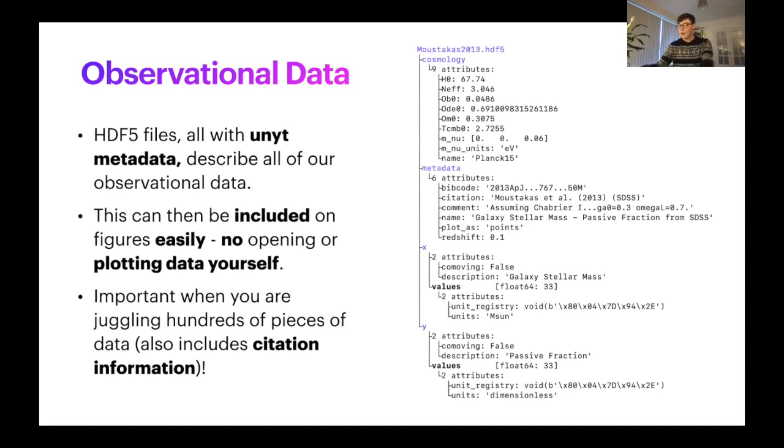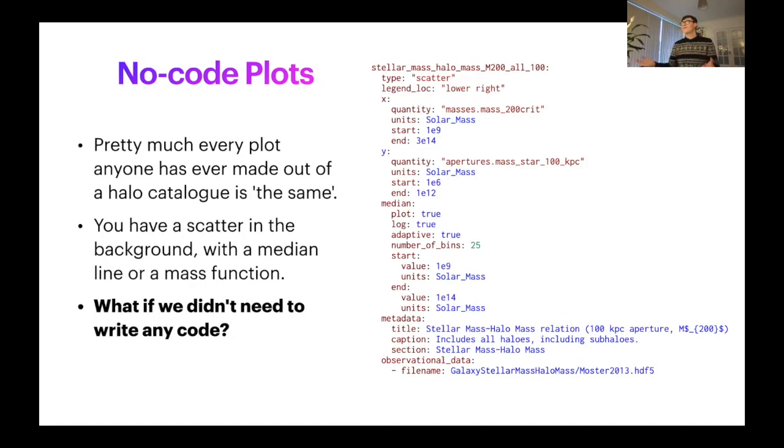So now I have all of my data from observations to the particle data to the Halo data in a consistent format. And as I said before, everyone who's ever made a Halo catalog plot knows that they're all exactly the same. So then I thought, well, we don't even need to be able to write Halo catalog scripts to make plots out of that.